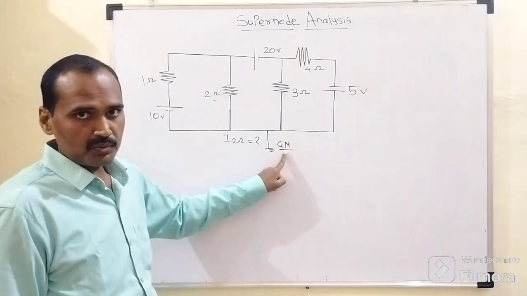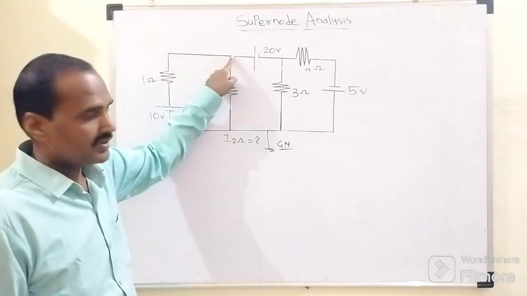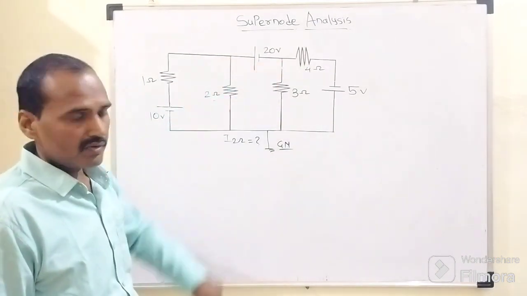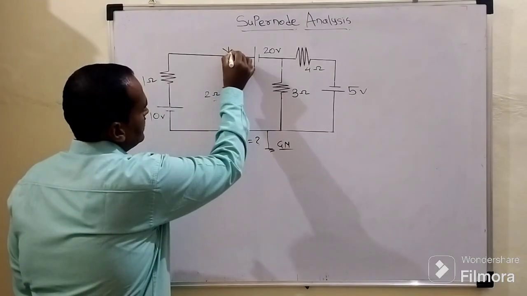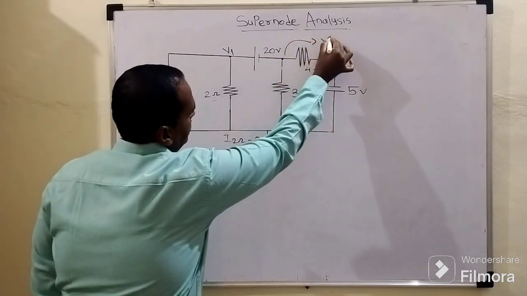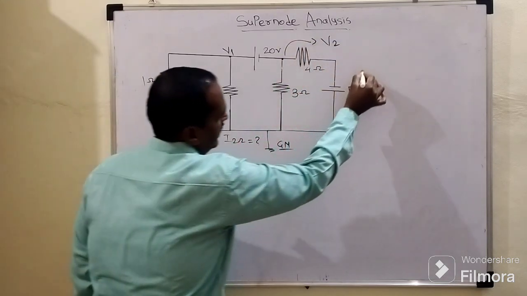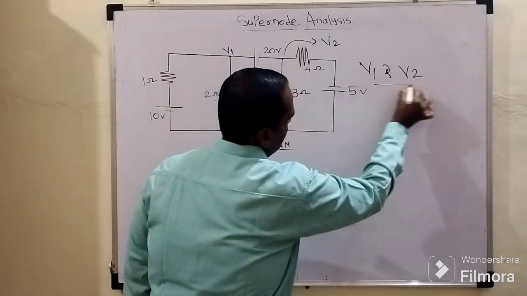Apart from this ground node, this is the first node of the given network, and this is the second node. The potential at this first node can be called V1, and here this potential can be called V2. So V1 and V2, these two are the node potentials, right?